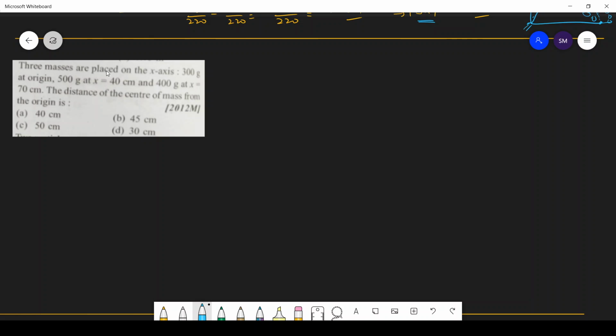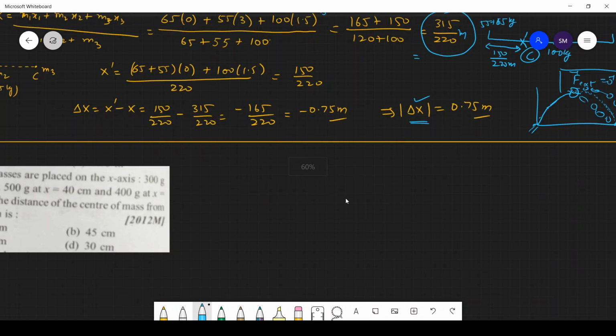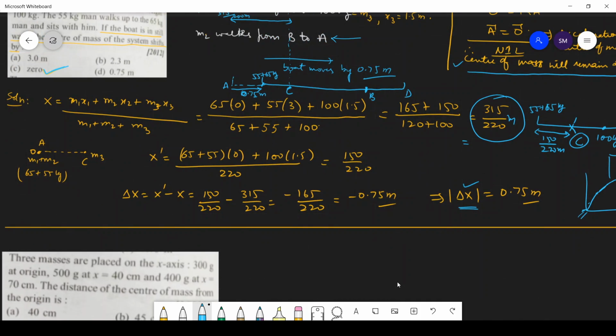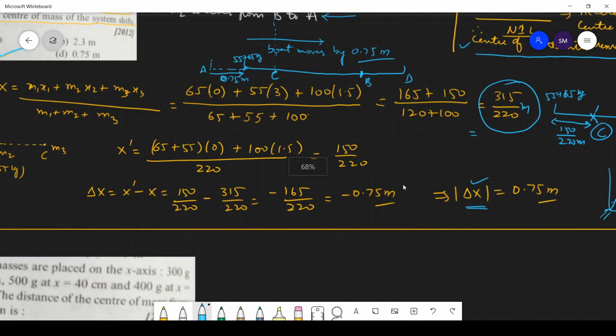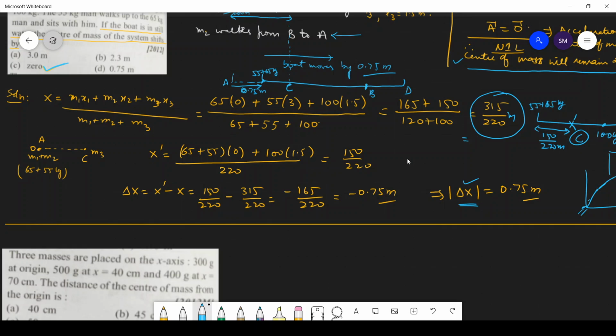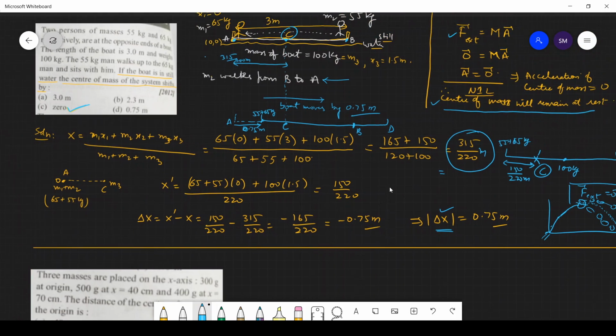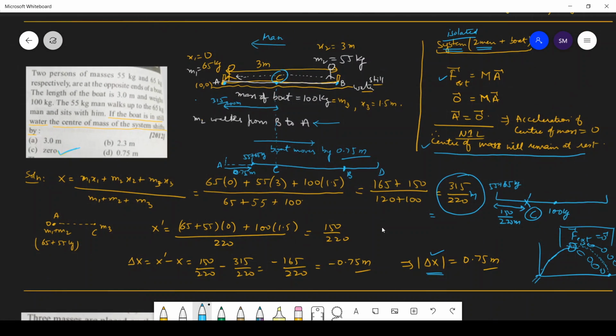Three masses are placed. As far as this question is concerned, like the previous question, if you have to write the solution, then that's the solution of this question. This solution is only this much. This is your extra learning; you need not do this.